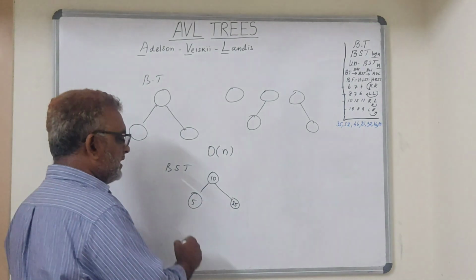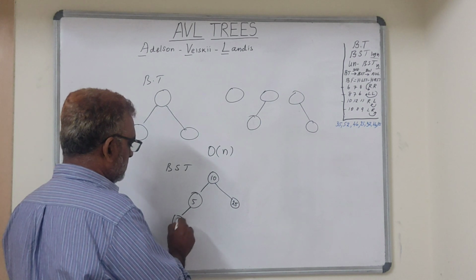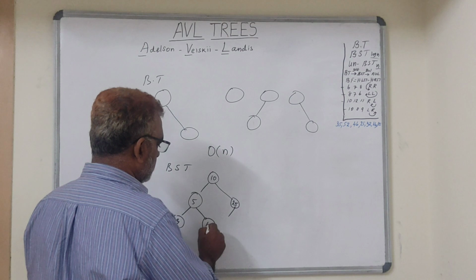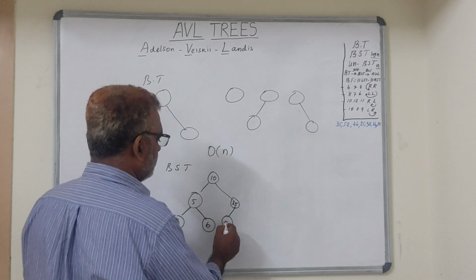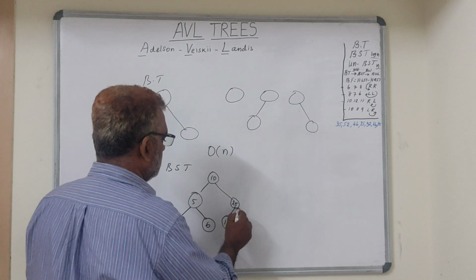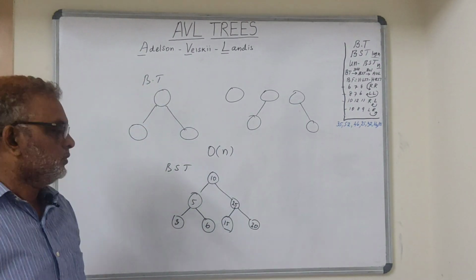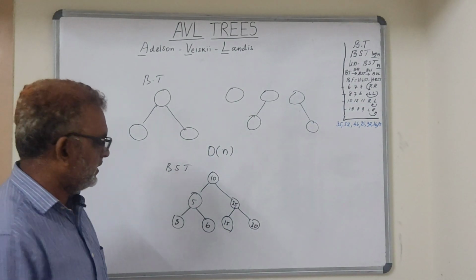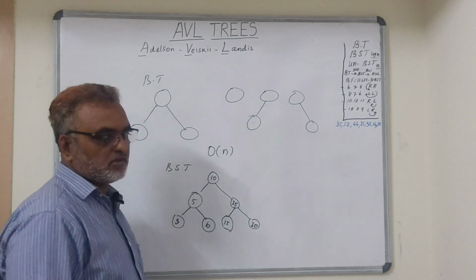In the case of a binary search tree, we will have the values like this. So this is a greater value, similarly this is a lesser value, greater value. This is a binary search tree. You can see all the data are in sorted order.